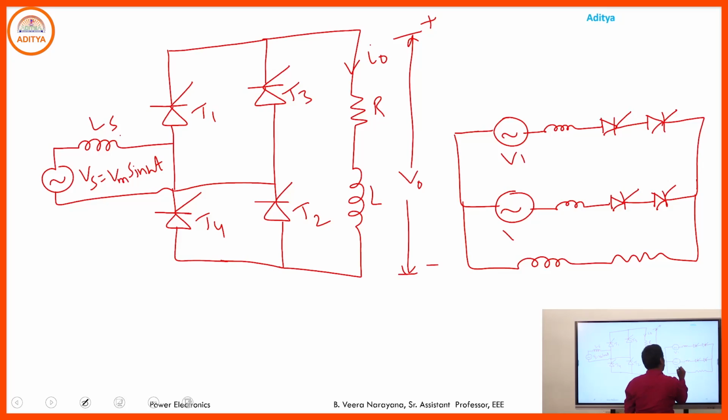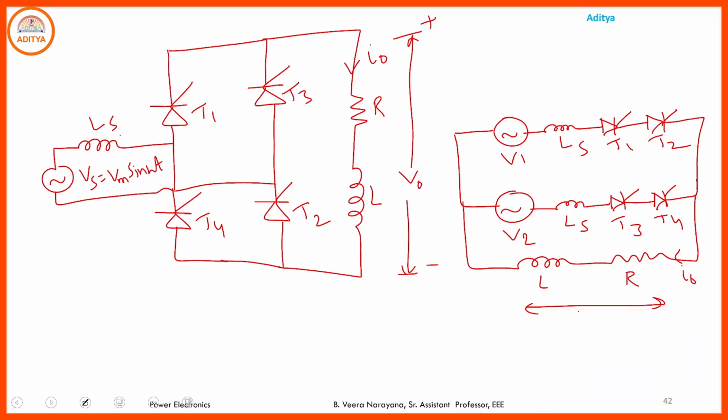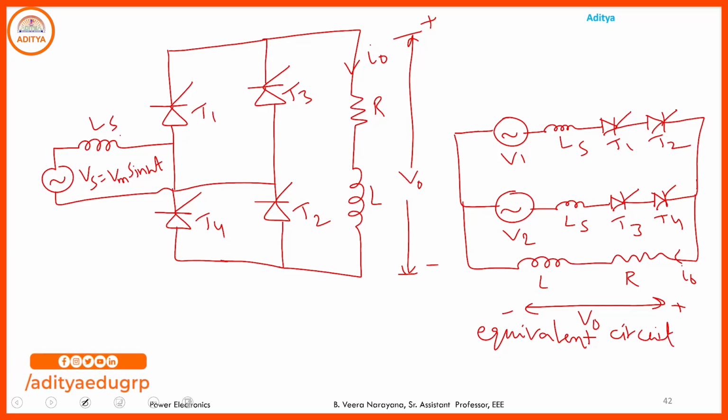Here it is V1, assume this is V2, here we have the source inductance, and here it is T1, T2, and here T3, T4, here we have L, R, and this is I0 and V0. This is the equivalent circuit. If you have the source inductance, what happens? The effect of the source inductance on the performance of the single phase full wave converter will be discussed.